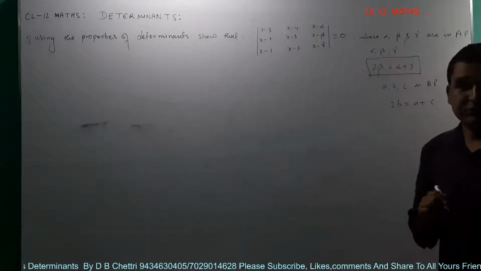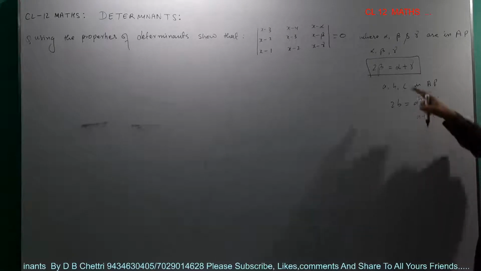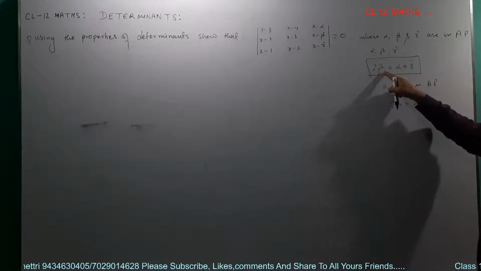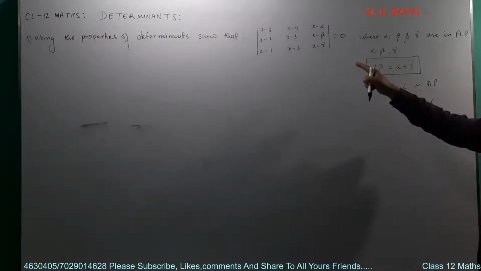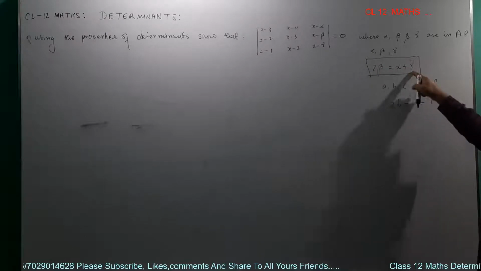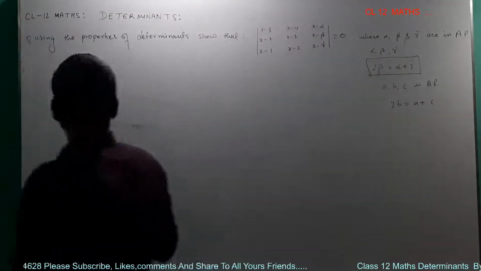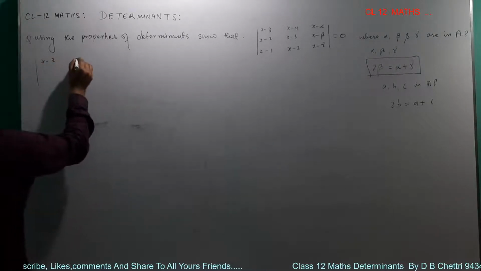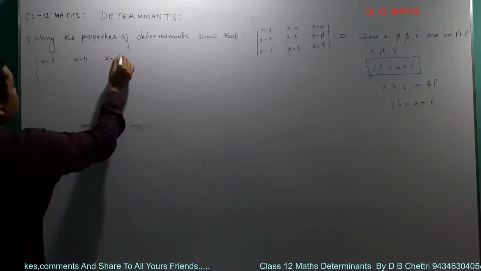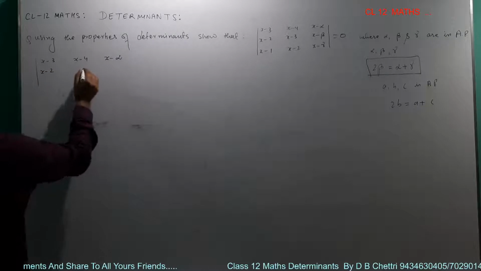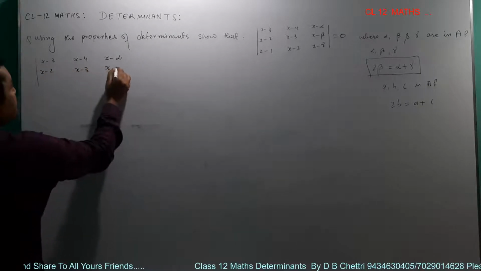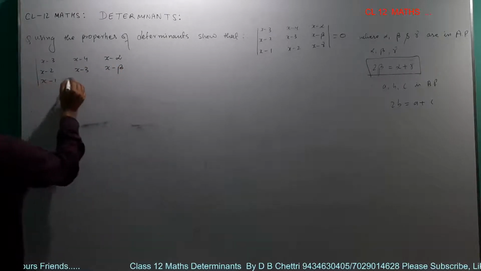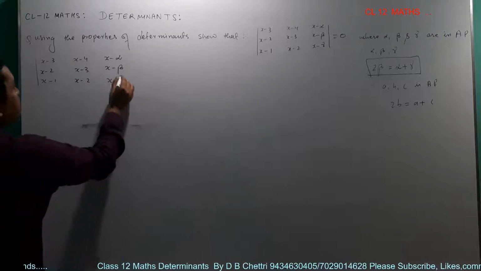to solve these determinants. That means alpha plus gamma can be replaced by 2 beta. Now we are going to operate on the rows or columns which contain alpha and gamma. Let me write the left hand side first: x minus 3, x minus 4, x minus alpha; x minus 2, x minus 3, x minus beta; and x minus 1, x minus 2, x minus gamma.